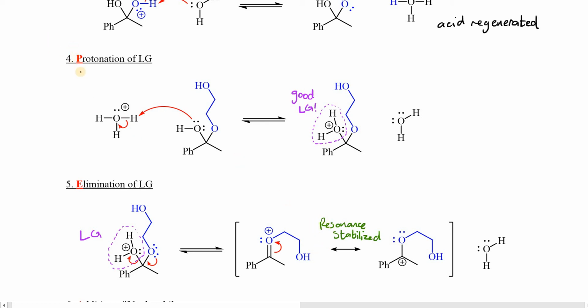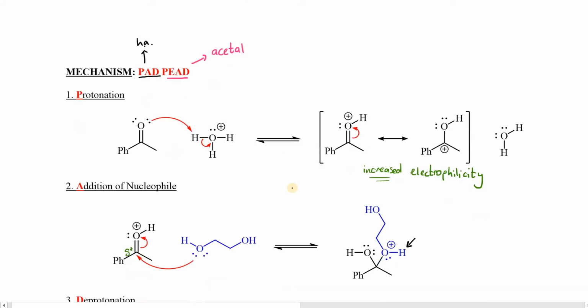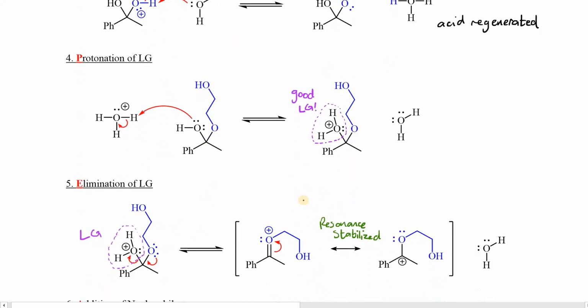So we've done protonation, we've done elimination. All that's left is addition, number 2, and deprotonation. That will give us the full acetal. Let's see. We have this resonance stabilized structure, but we need to understand that we still have 2 lone pairs here that are ready to react. Think of this portion of the molecule as being partially negative, having some weak nucleophilic character.